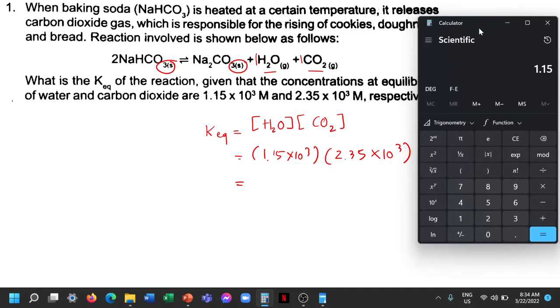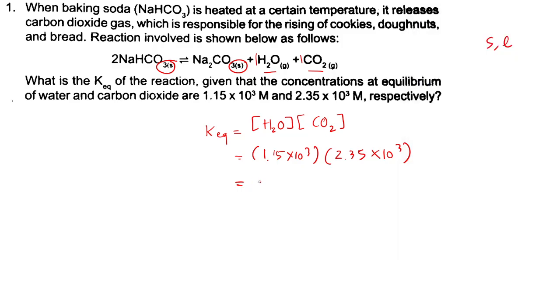Multiply 1.15 times 10 to the power of 3 times 2.35 times 10 to the power of 3. That's equal to this large number. Let's express it in scientific notation. That's equal to 2.70 times 10 to the power of 6. This is the equilibrium constant of this reaction.